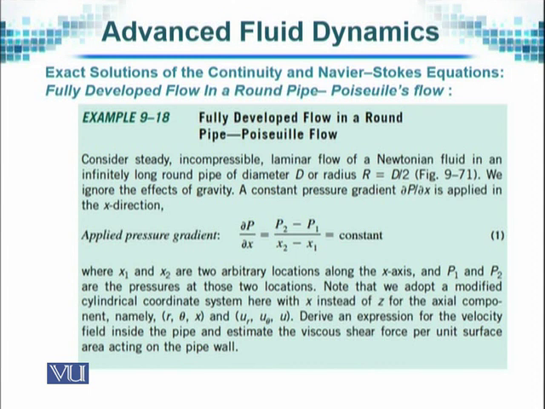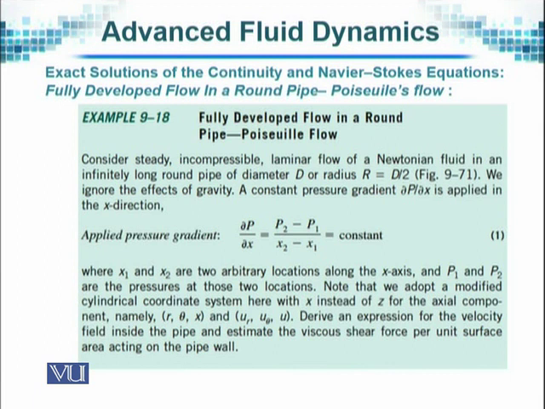It makes no difference really, and the corresponding velocity components will be ur, u theta, and ux, or simply u. We derive the expression for the velocity field inside the pipe and estimate the viscous shear force per unit surface area acting on the pipe wall.